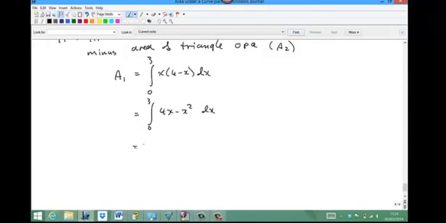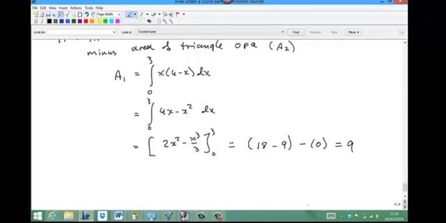Integrating gives us 2x squared minus x cubed over 3, between 0 and 3, and that equals 2 times 9, 18, minus 27 over 3, which is 9. Evaluating at 0, we have 0, so the area is 9.